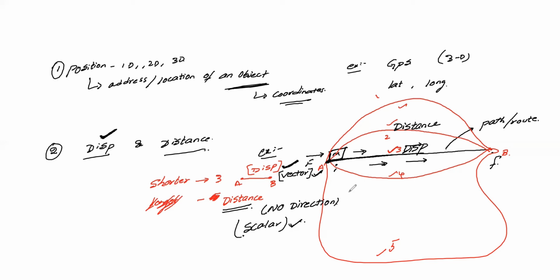So displacement is your vector quantity, and distance is your scalar quantity. Remember now, both are specified by length, correct? Both are related to length only. When both are related to length, what is the unit for length? Meter. Okay.